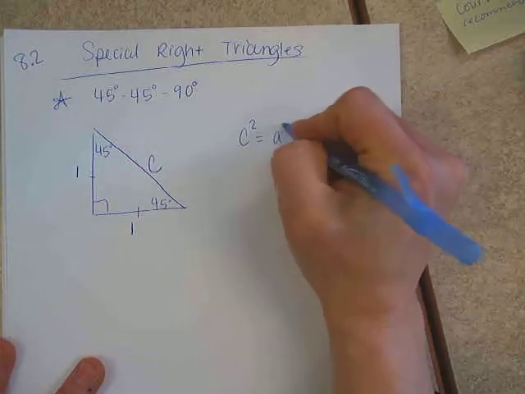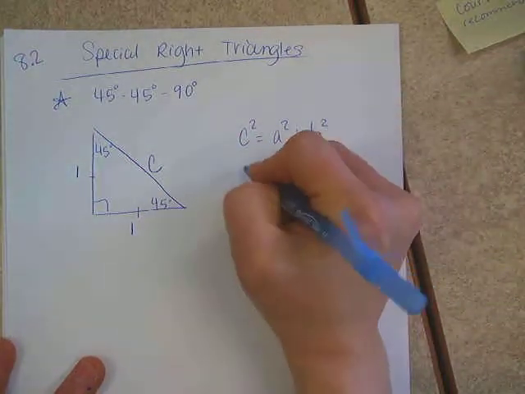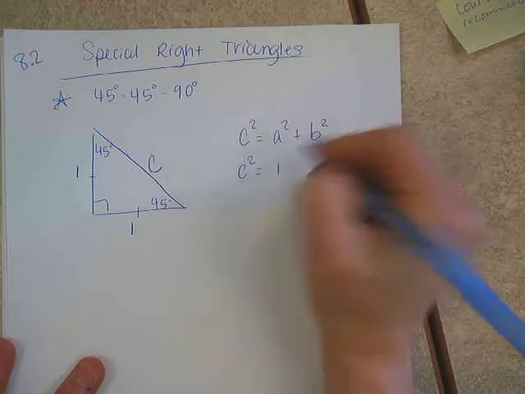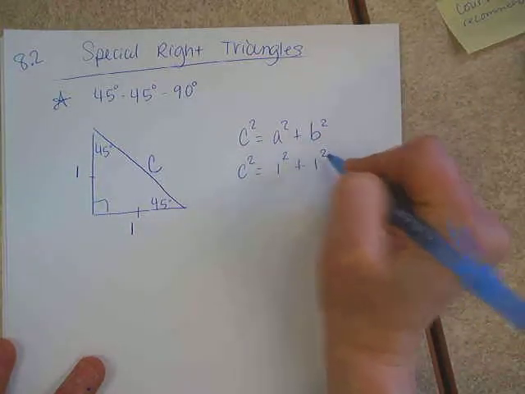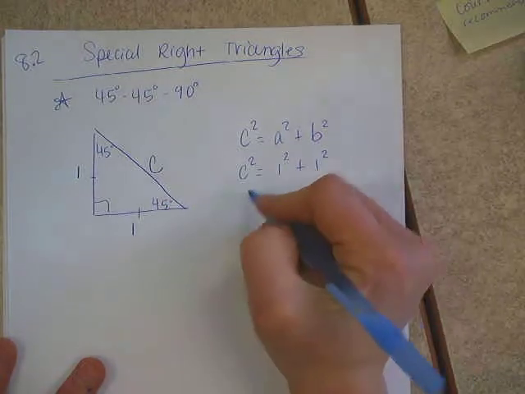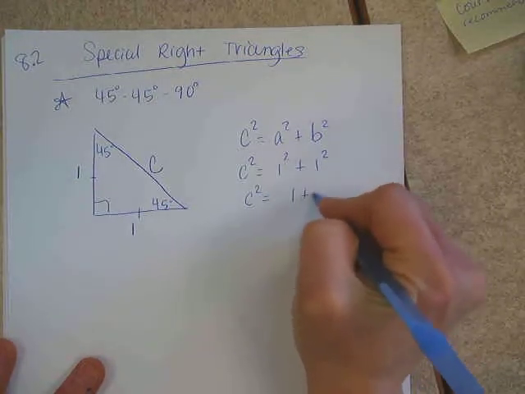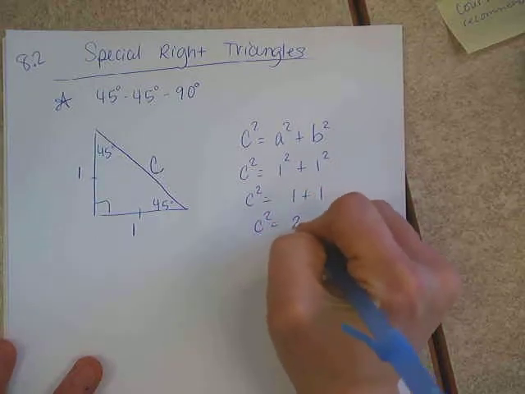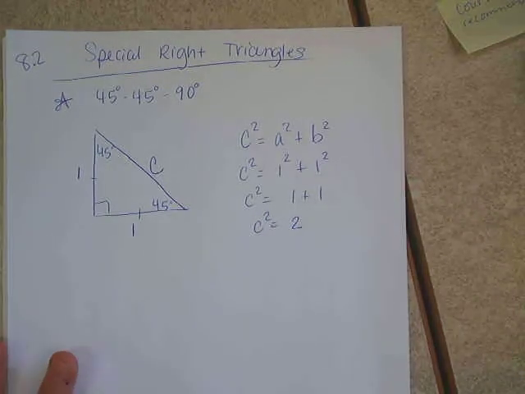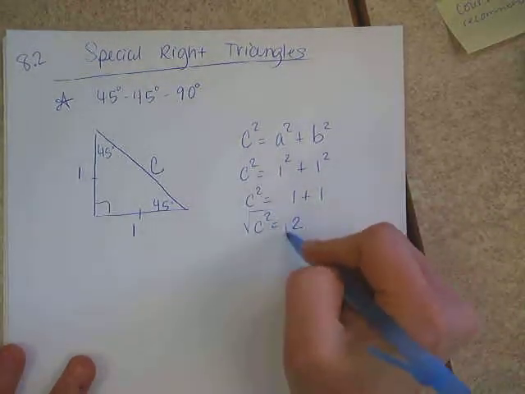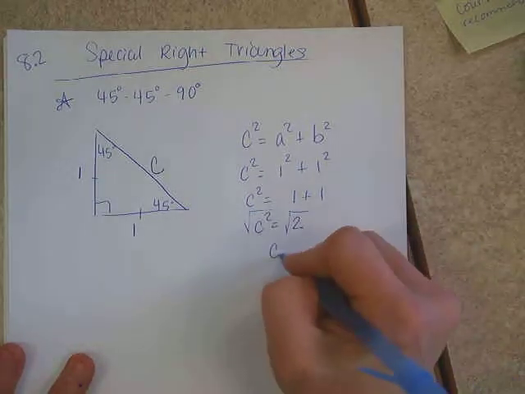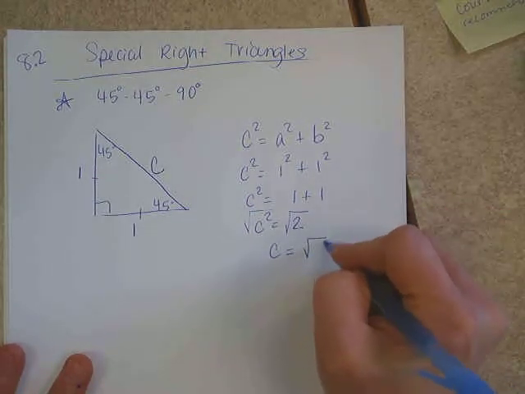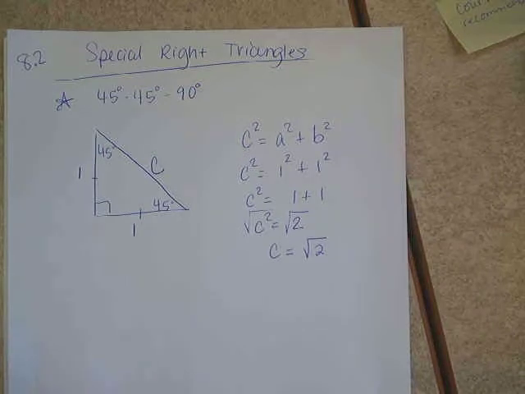So C squared equals A squared plus B squared, then C squared equals 1 squared plus 1 squared. So C squared is 1 plus 1, which is 2. Taking the square root of each side, C is the square root of 2.